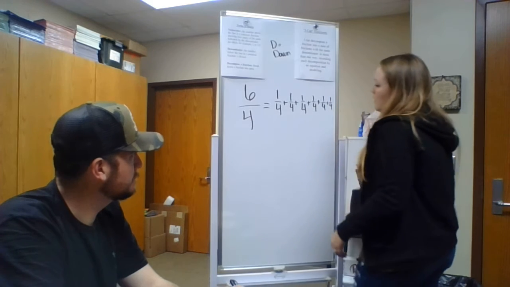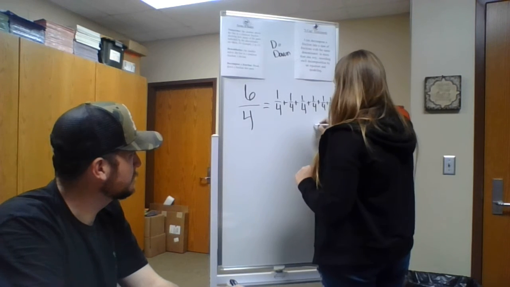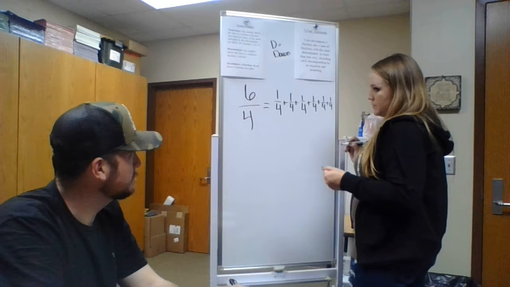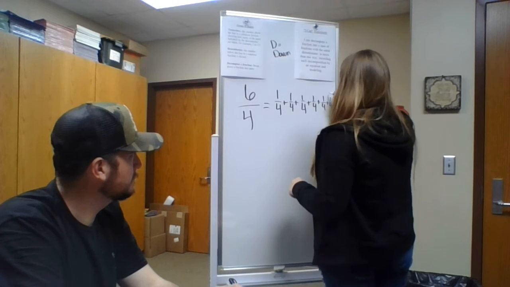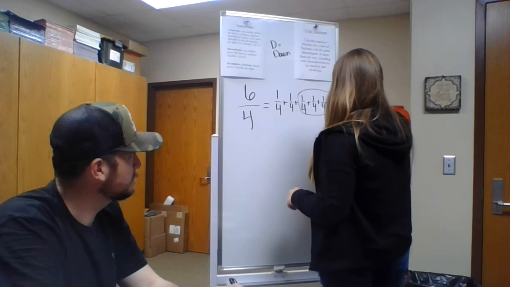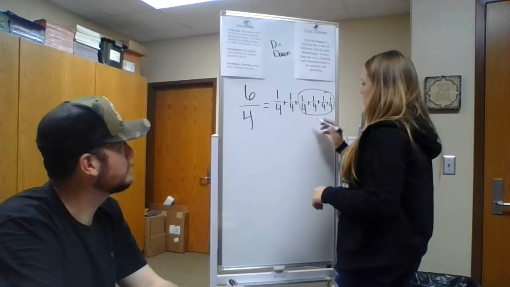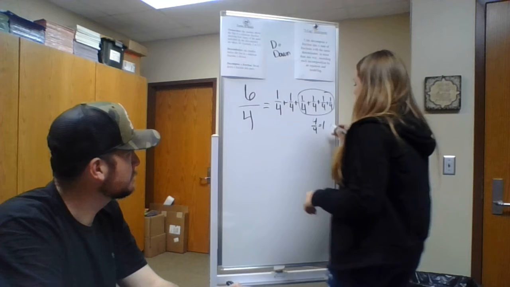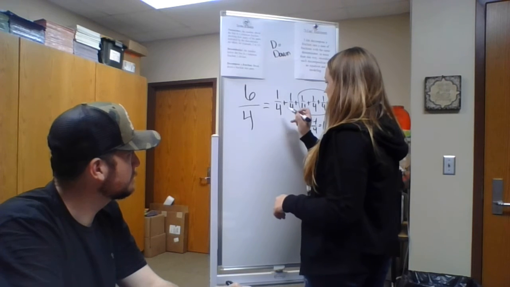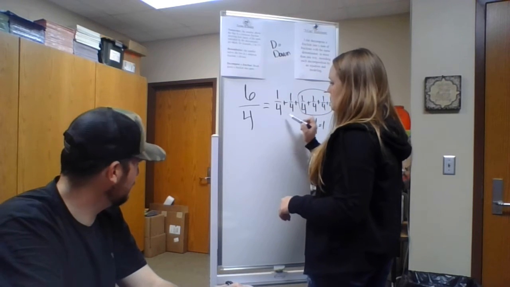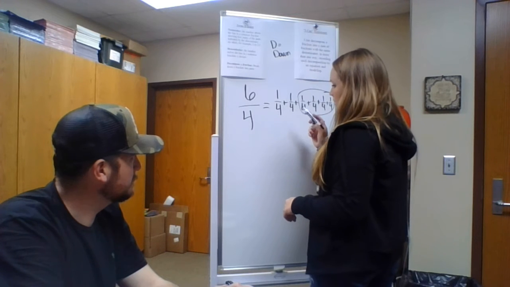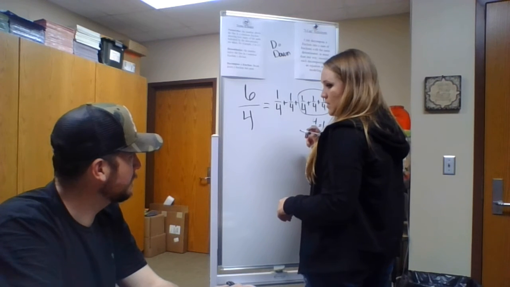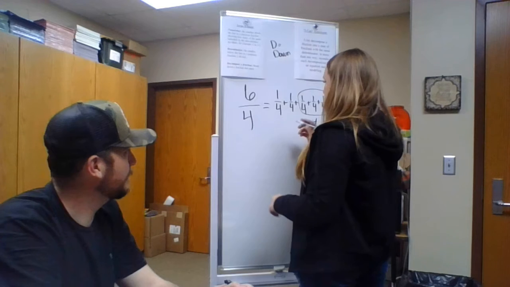Yeah, so then you're going to go right there. Well, I know that in order to make 1, I need 4/4, right? So I can circle these 4 right here, and that's going to be 4/4 or 1. So if I have that whole, what would these equal if you added 1/4 and 1/4? 2/4.